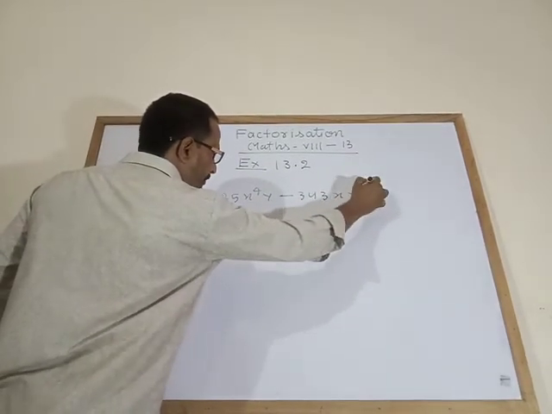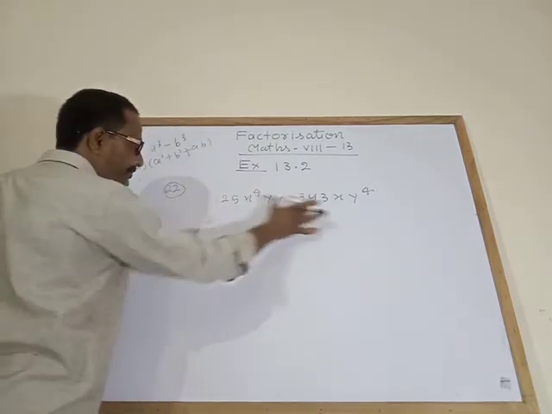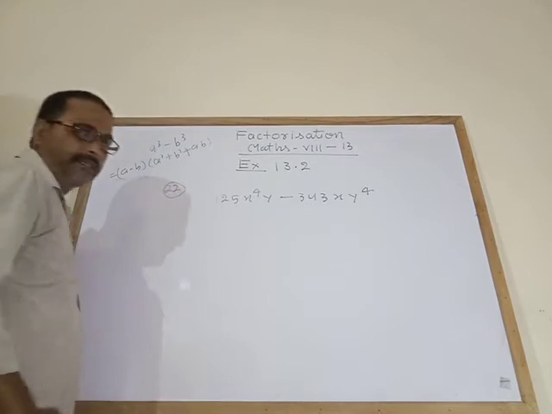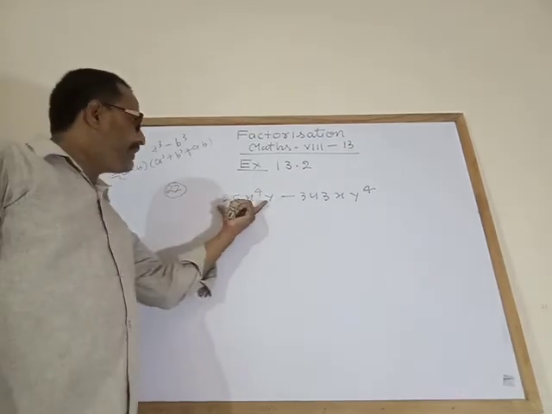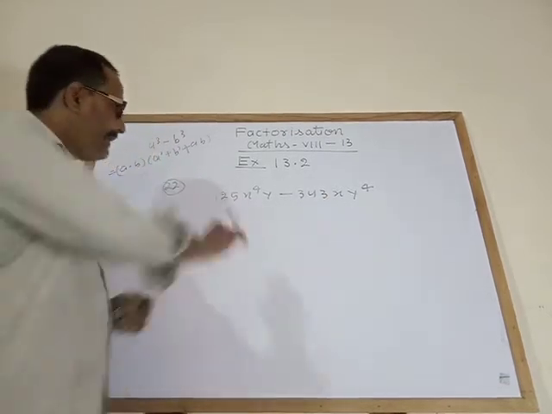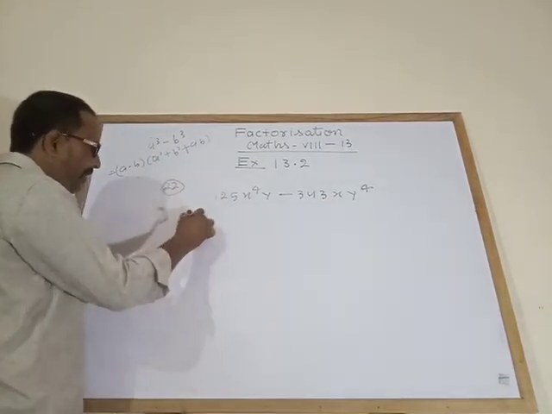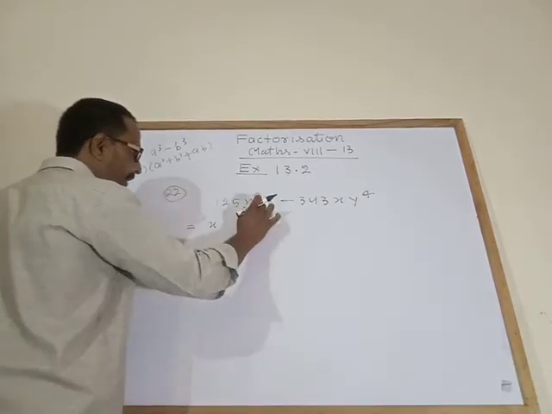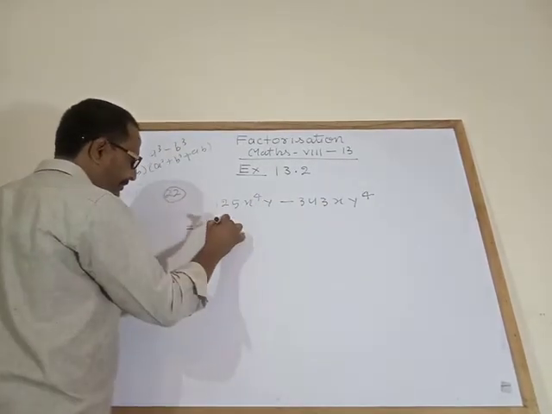See both terms. If anything is common, both terms can be divisible by a constant or variable. In that, the minimum power of the variable x is common and y is also common.